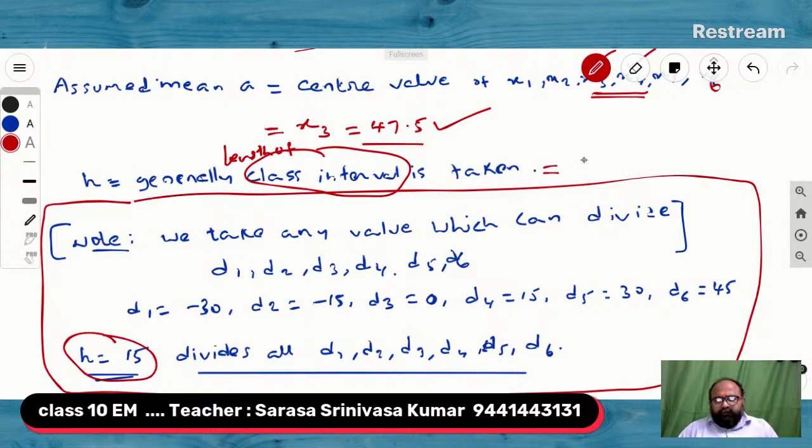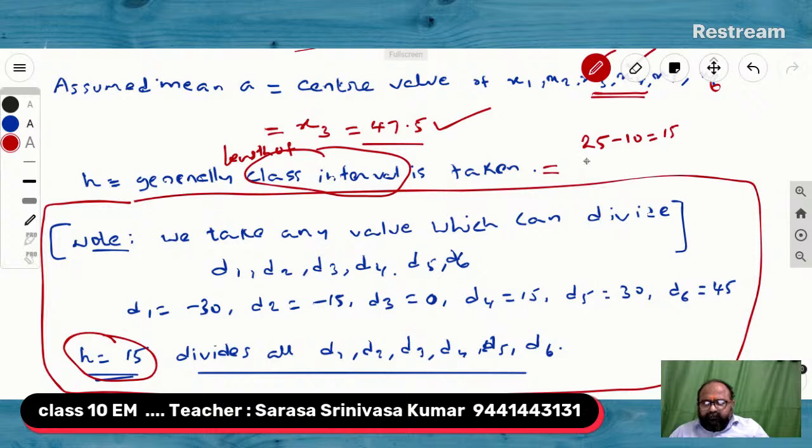So that is 25 minus the first class interval, 25 minus 10 equal to 15.